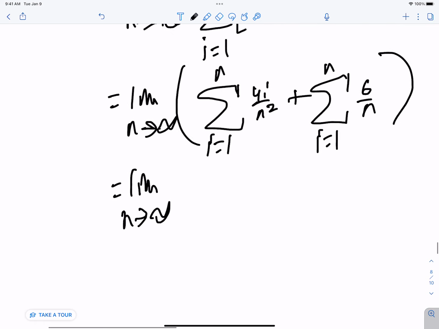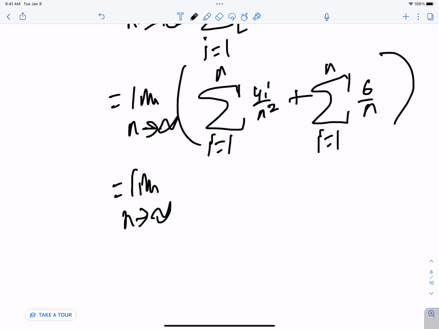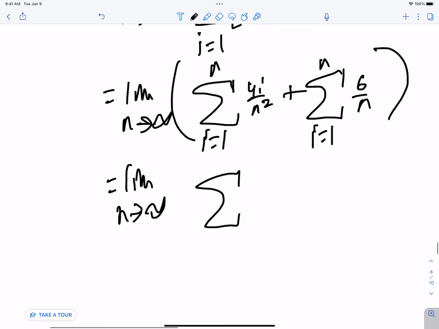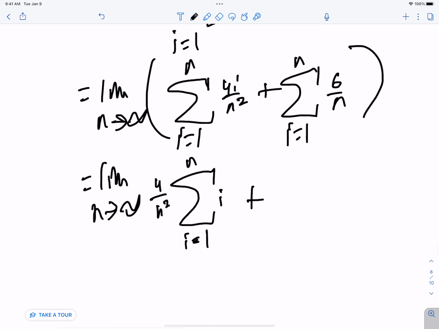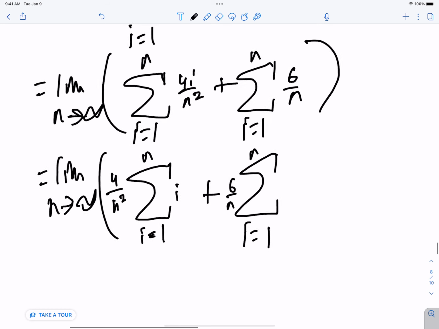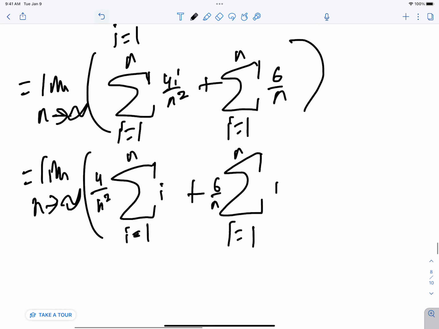And luckily that's possible, otherwise we'd be working with some really weird numbers. Since n in this case is a constant, I can just factor out n. Therefore, I'll just have 4 over n squared with i over here. Plus, I'm going to put that in brackets. So we have really 6 over n, that's all a constant, so actually no, I won't have i, I'll just have 1.